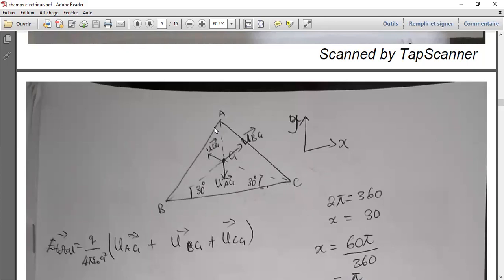The angles which are inside have to sum to 180, and for you to have 180, it means you have to have 60, 60, and 60 here. So if you cut in the middle here, the angle which is in the middle here is what? 30 degrees.